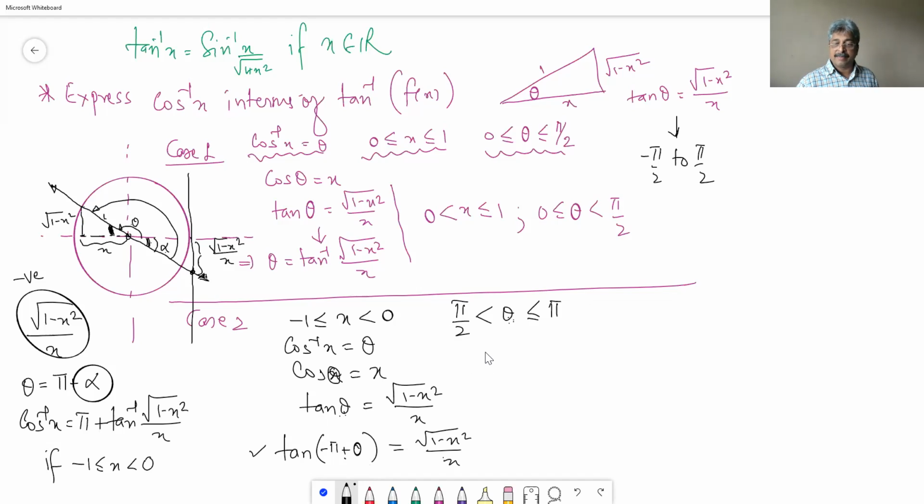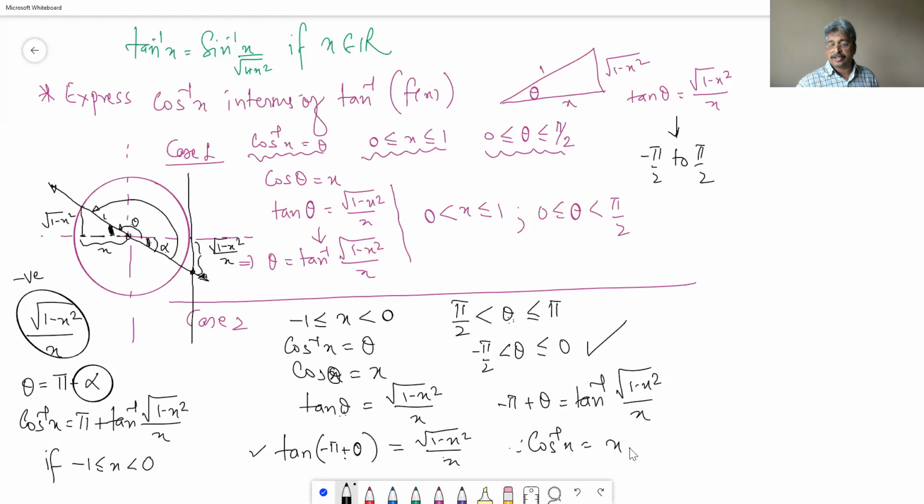Theta is theta, add minus pi to both sides, which makes it minus pi by 2 less than theta less than or equal to 0. Yes, invert. Minus pi plus theta is equal to tan inverse of radical 1 minus x square upon x. Therefore, cos inverse x, which was theta, is equal to pi plus tan inverse.